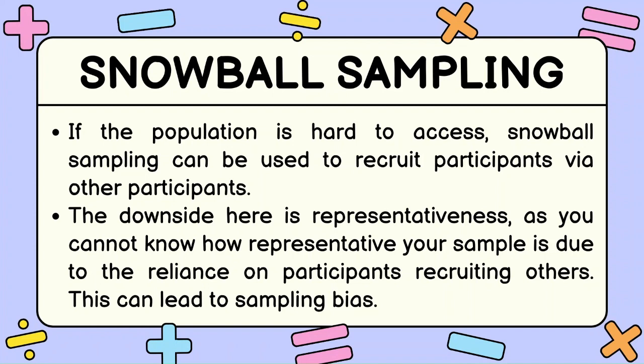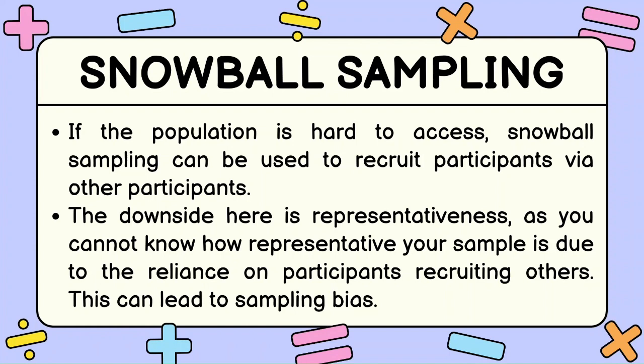However, the downside here is representativeness, as you cannot know how representative your sample is due to the reliance on participants recruiting others. This can lead to sampling bias. So snowball sampling is prone also to error, as it is those participants that you have selected first who decide how to select new participants. So you cannot control that.